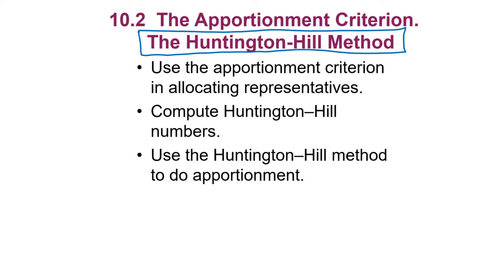I do not ask for the apportionment criterion on the test because it's very complicated, but you have at least one homework with this method so that it helps to understand how the Huntington-Hill method works, but it involves much more work. So the important thing is that you know how the Huntington-Hill method works. It's the method by which the U.S. Congress is apportioned right now.